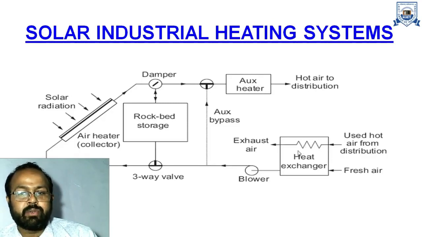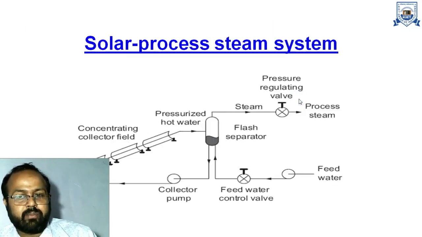Fresh air comes into the heat exchanger, and through the three-way valve and the blower it is inserted into the system, and the exhaust air is directly distributed from this heat exchanger.